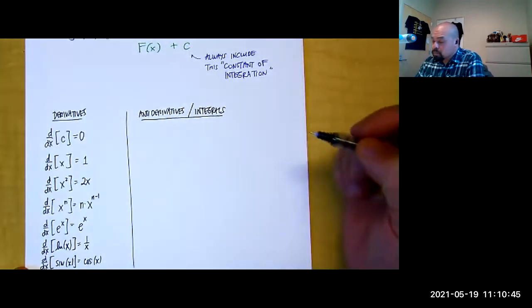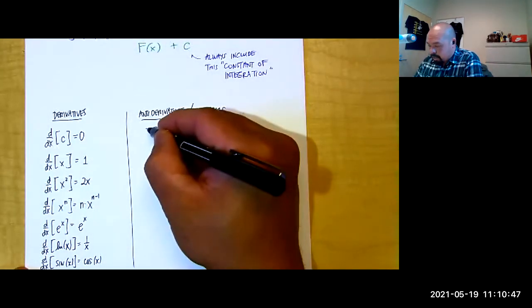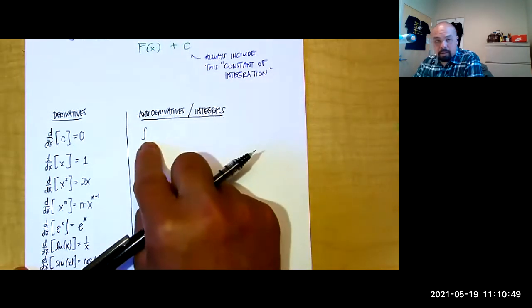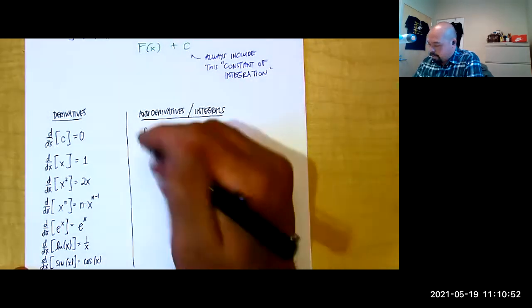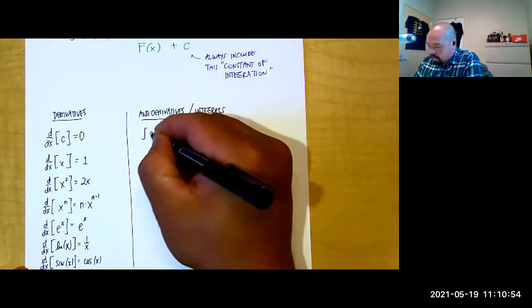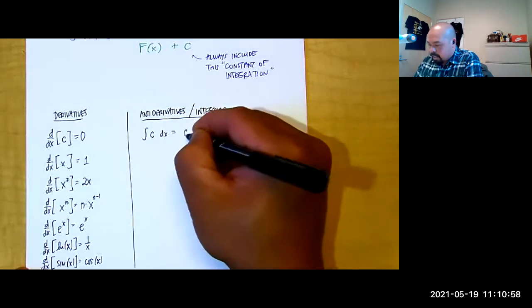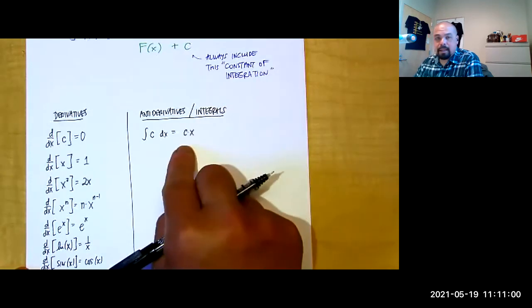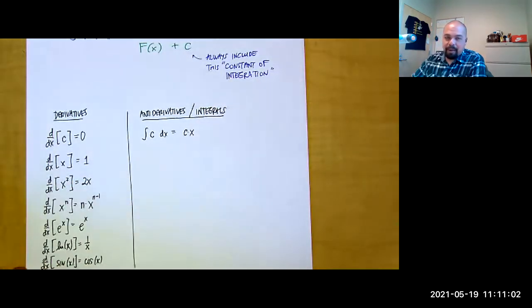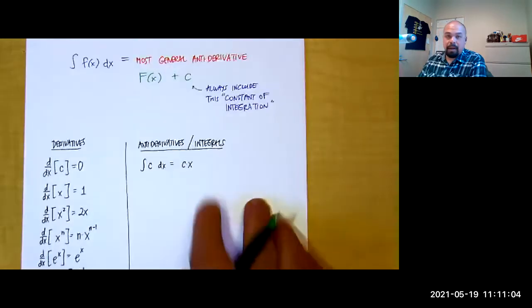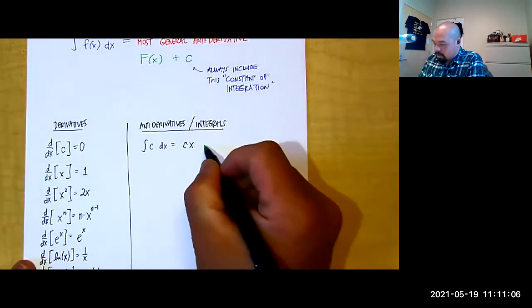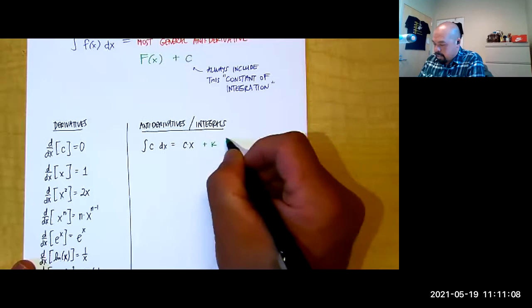And so when we start to see the integral of a constant, we're going to get that constant times x. But then, of course, out of habit, we're going to need to add some extra constant, right? So I put this plus k.